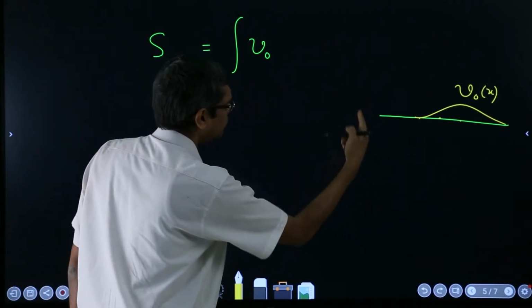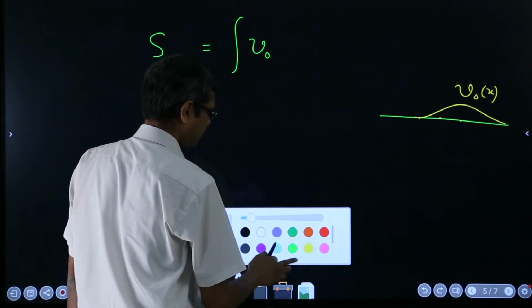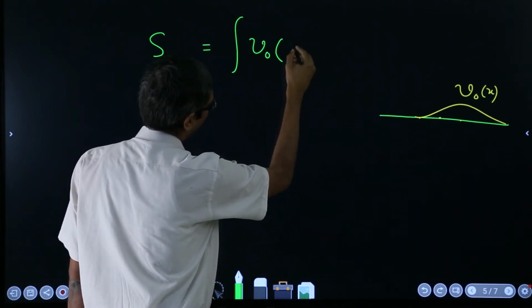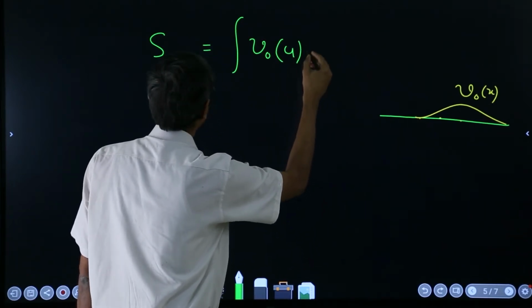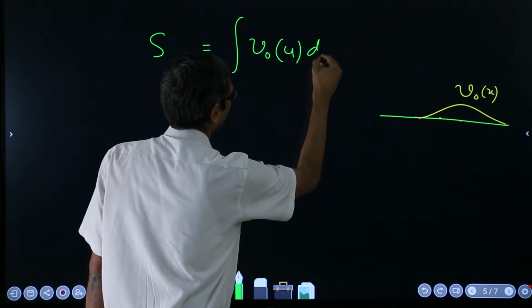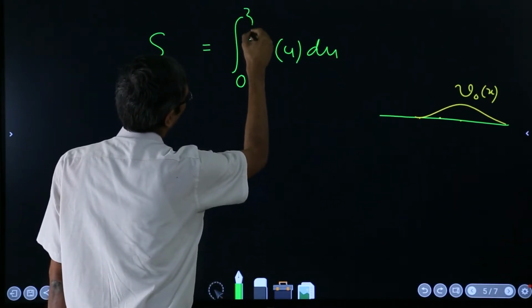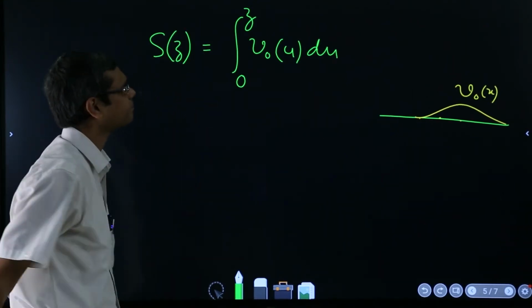Now what you do, take the velocity profile and integrate it, from 0 to say z, and you will get obviously a function of z.